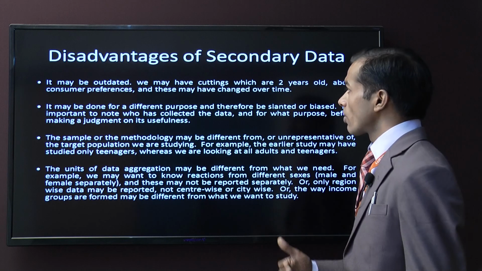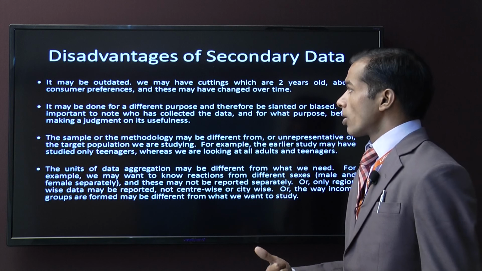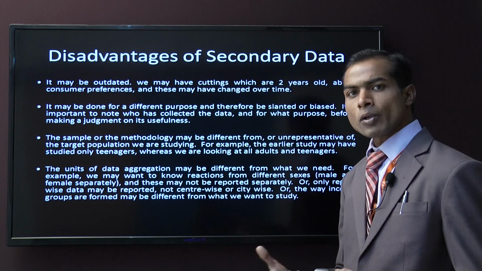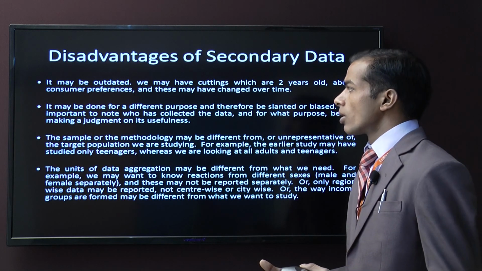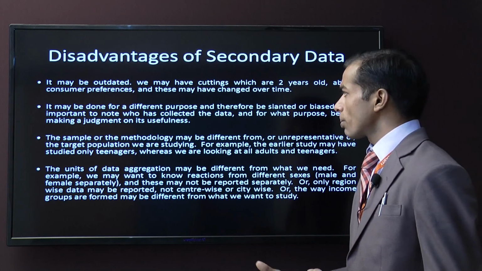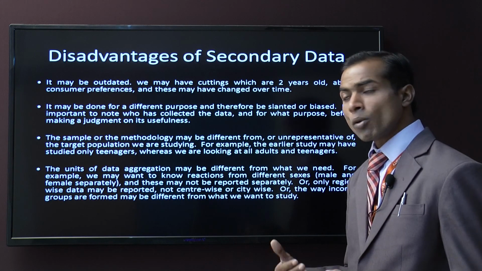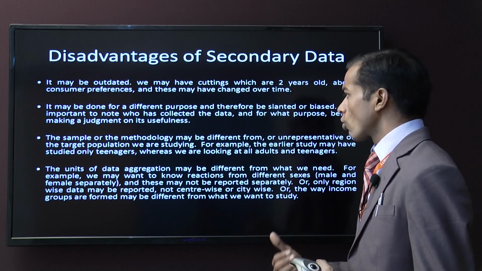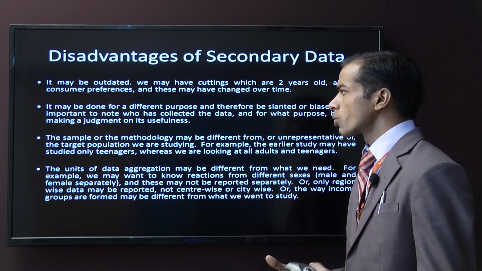Let us look at the disadvantages of secondary data. It may be outdated. We may have cuttings which are 2 years old about consumer preferences and these may have changed over time. Another disadvantage is it may be done for a different purpose and therefore be slanted or biased, and it is important to note who has collected the data and for what purpose before making any judgment on its usefulness.